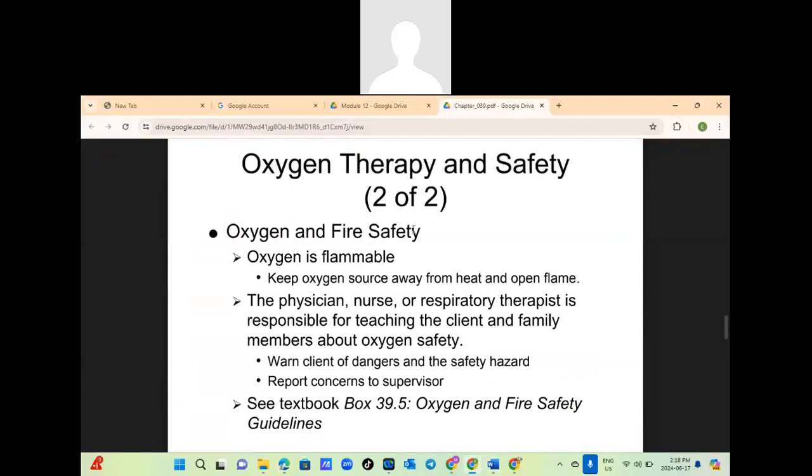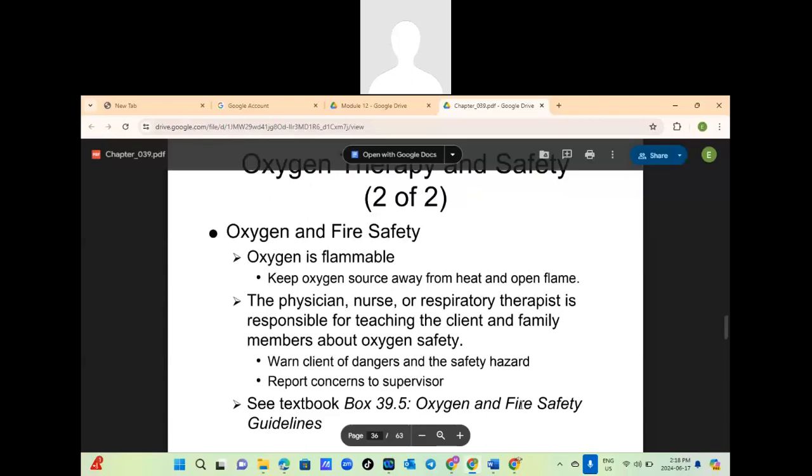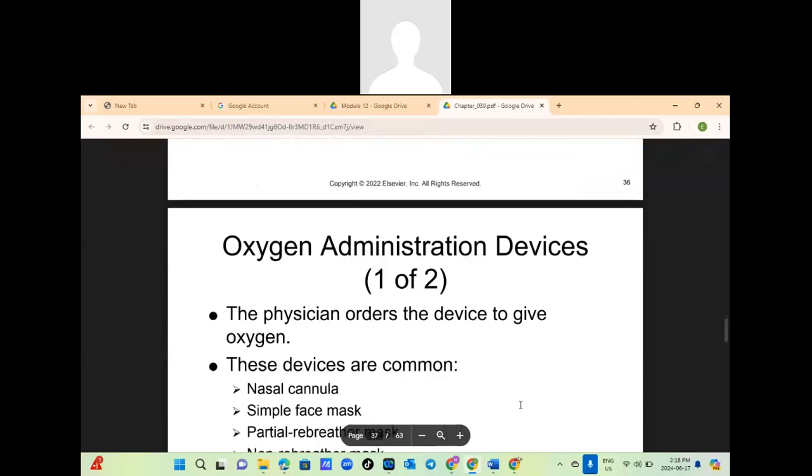So keep oxygen sources away from heat and open flame. The physician, nurse, or respiratory therapist is responsible for teaching the client and family members about oxygen therapy. So warn the client of dangers and safety hazards. Report concerns to the supervisor. We did that one, the guidelines, right?